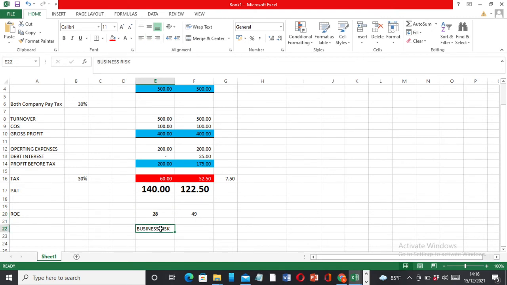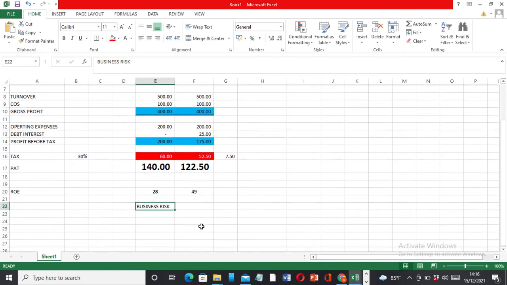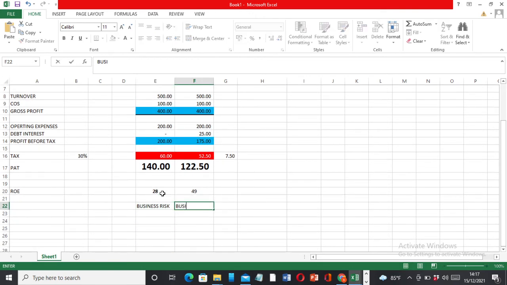Business can go wrong, but company B has the same risk as well, because they are also in the hotel trade. But this 49% does come with another risk called financial risk.